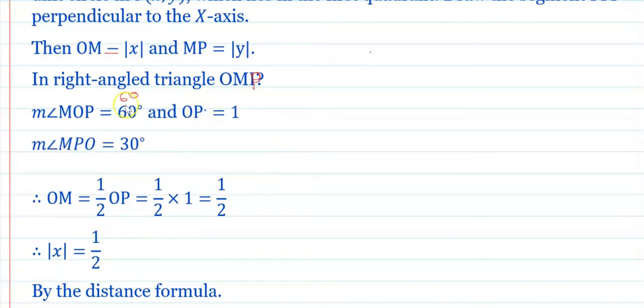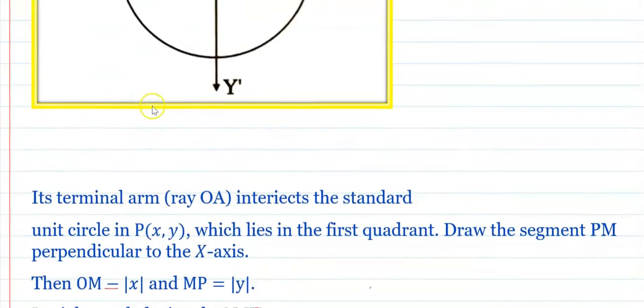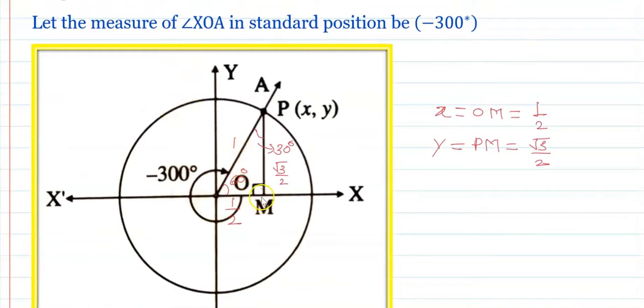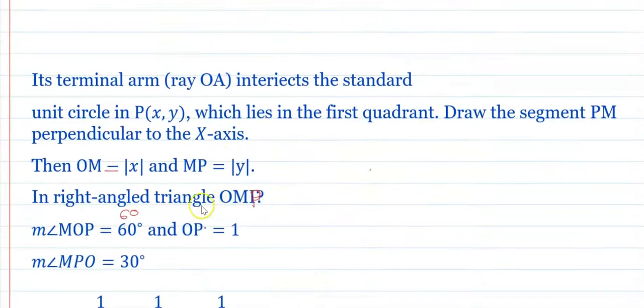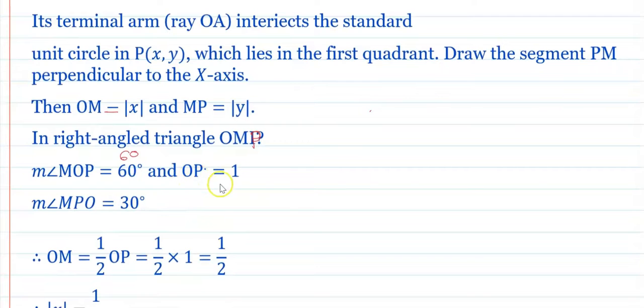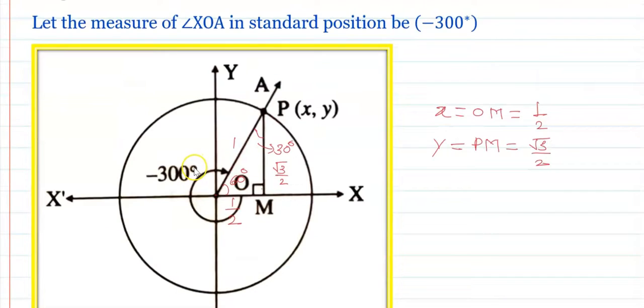In right angle triangle OMP, the measure of angle MOP is equal to 60 degree, OP is equal to 1, and the measure of angle MPO is equal to 30 degree.